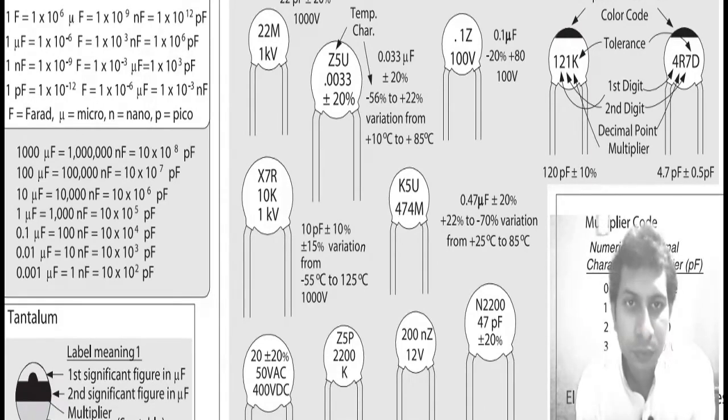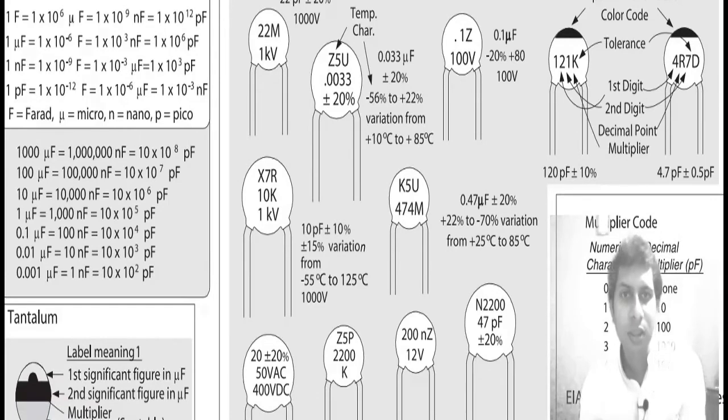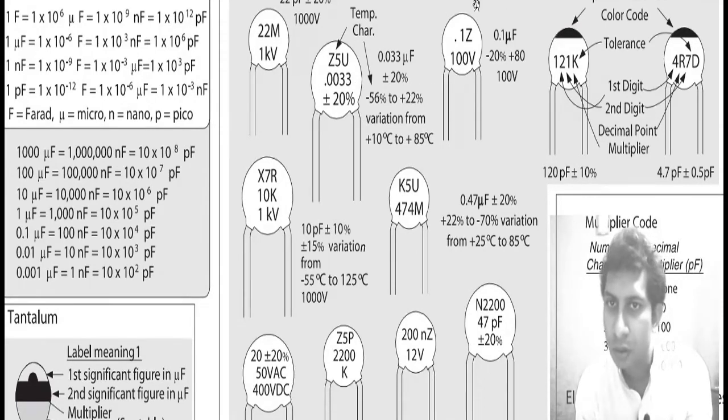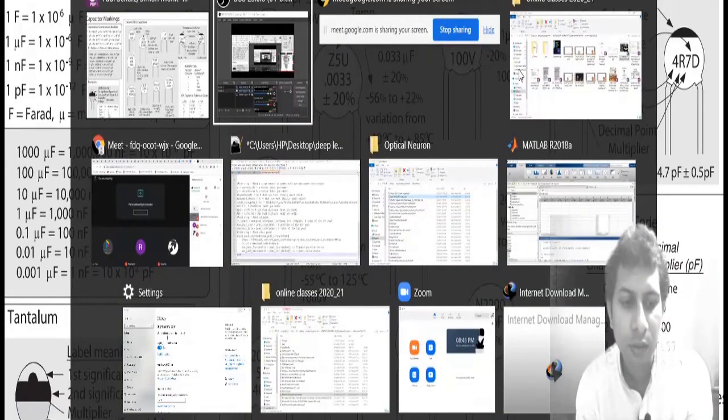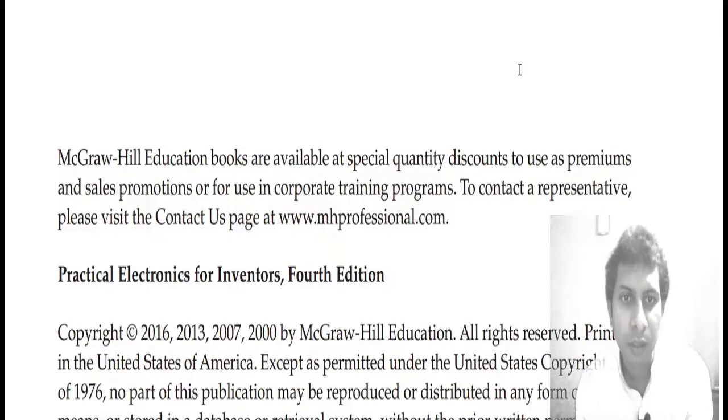And ceramic or disc capacitor, somewhere in your electronic circuitry you will find these kind of circle-like things, generally made by ceramic coating, right?